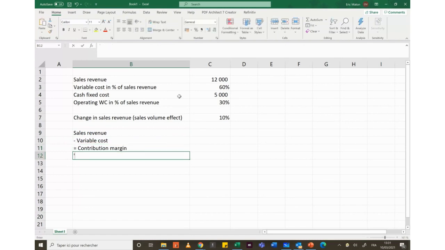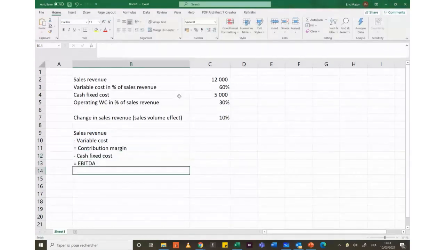minus cash fixed cost. We have the EBITDA, minus the increase in operating working capital.